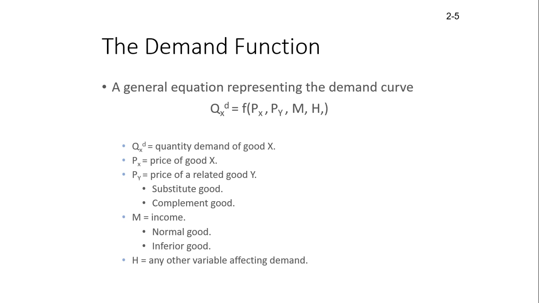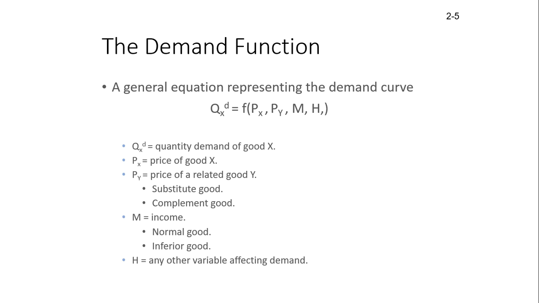Now let me break this down. Qx^D represents the quantity demanded of good X. The F shows that it's a function of, or determined by, something. Px is the price of this particular commodity, in this case the price of good X.